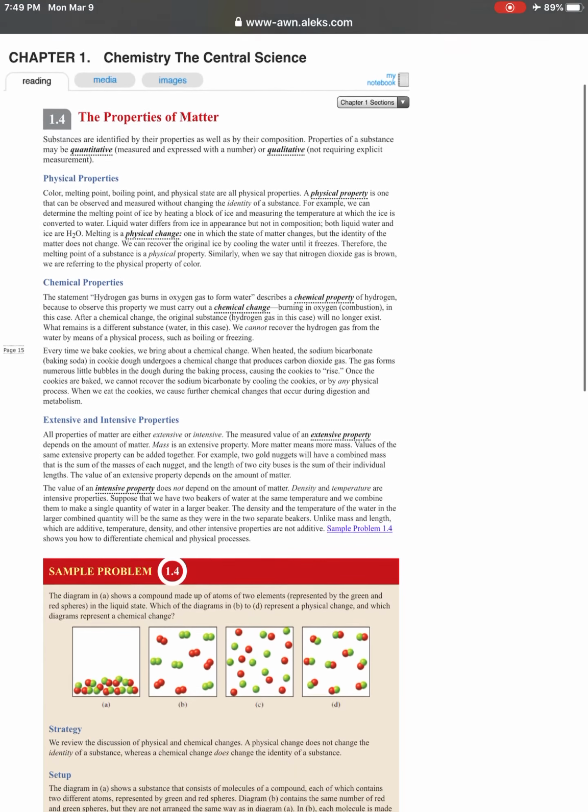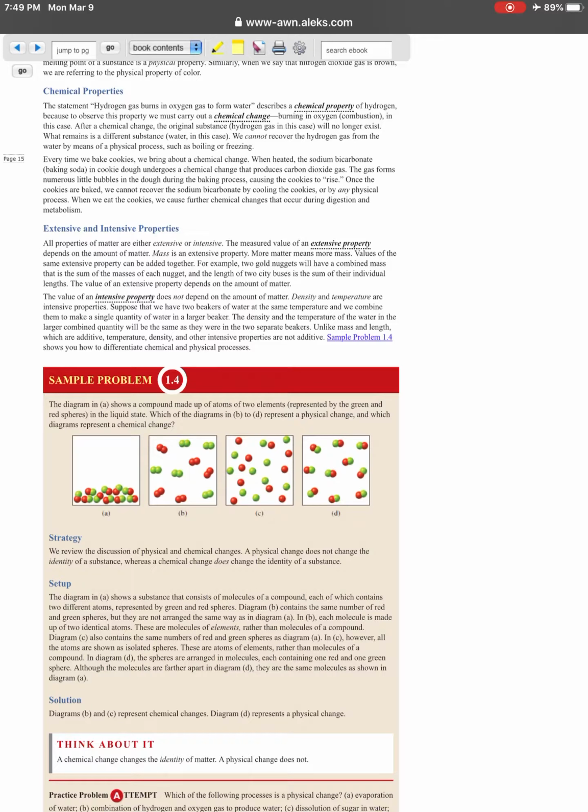We then have what are called extensive and intensive properties. We'll get into those a little bit later when we talk about some calculations of density. Extensive is a property that depends on the amount of material that you have. For example, if there's a 2-liter bottle of Coca-Cola or Pepsi, and I want to know how many calories are in it, the number of calories depends on how much of it you drink.